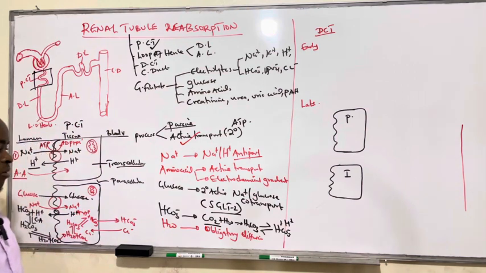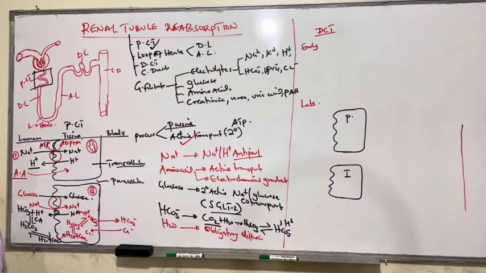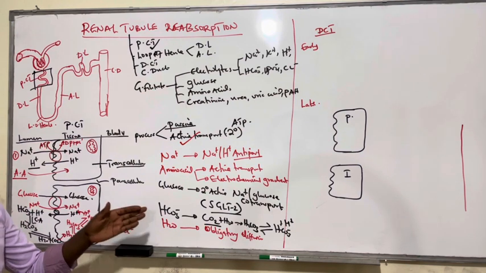It is a form of osmosis. Obligatory means it is not being helped by any other factor. It is just moving along the concentration gradient or being attracted by the osmolarity. That is what we call obligatory.